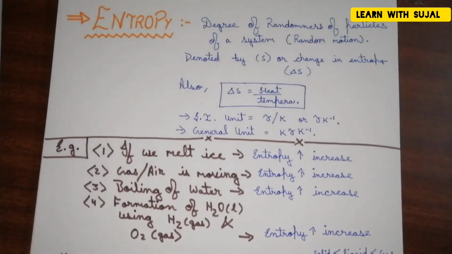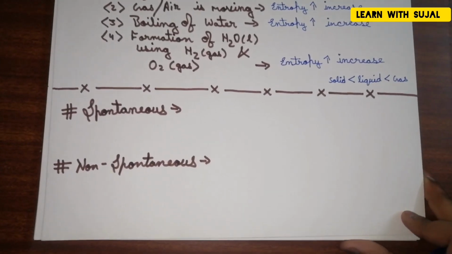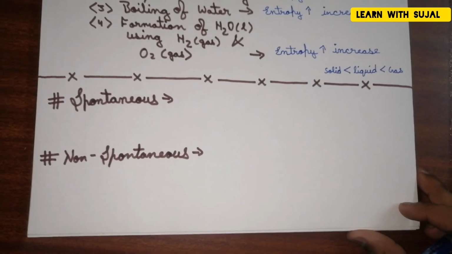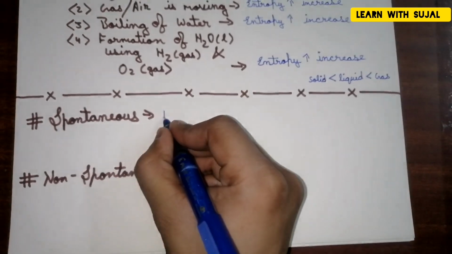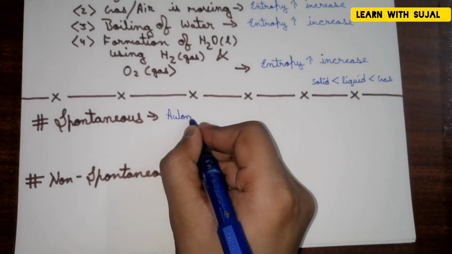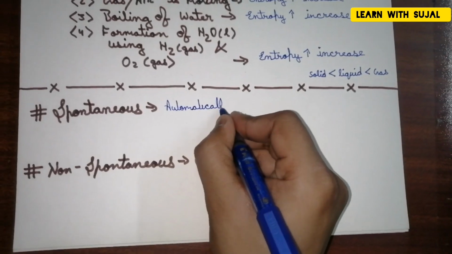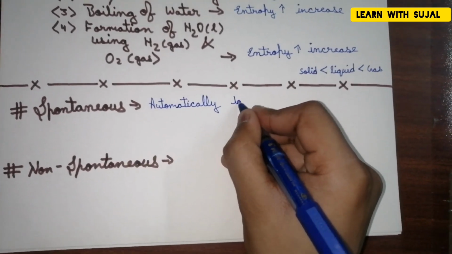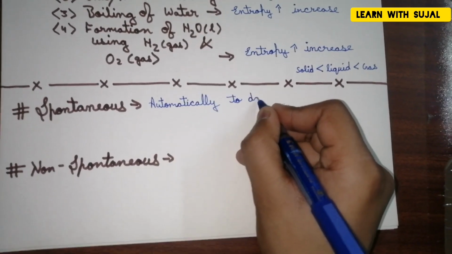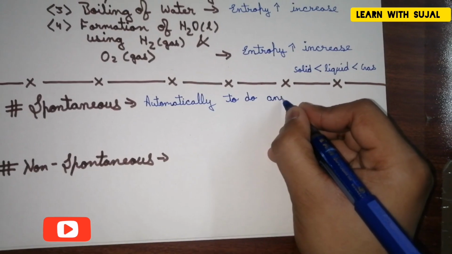Okay, hope you understand. So now we will discuss spontaneous and non-spontaneous processes before Gibbs free energy. What do you mean by spontaneous? Spontaneous means doing any process automatically, where no external force is applied, we are not doing anything, and it happens automatically through nature. Like the evaporation of river water by the sun, it is a spontaneous process.